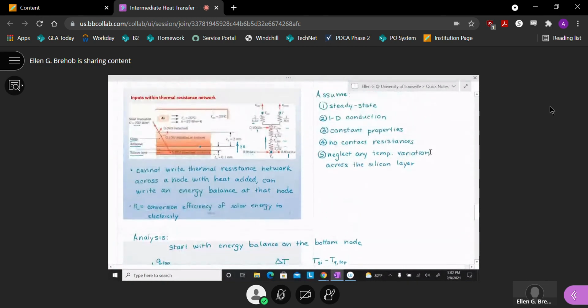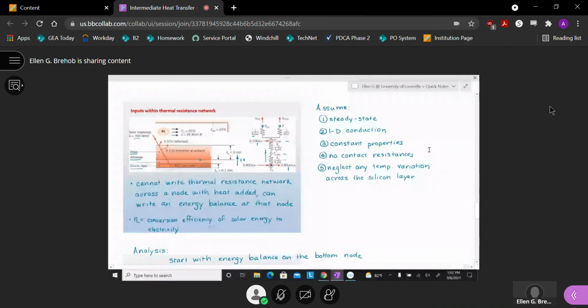I haven't told you what we're trying to solve for in this problem. We don't know temperature of silicon, temperature at the bottom of the glass, temperature at the top of the glass. And our goal is really to solve for temperature of the silicon.